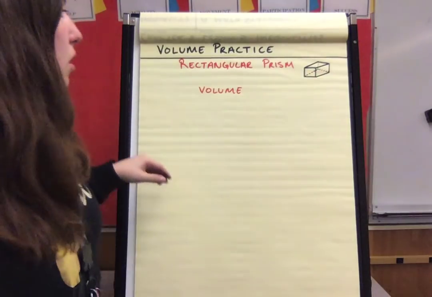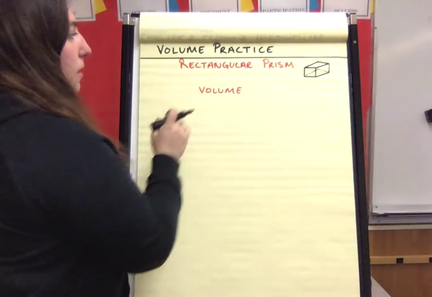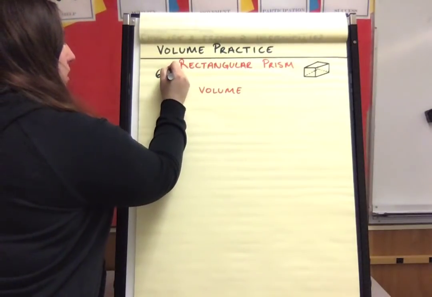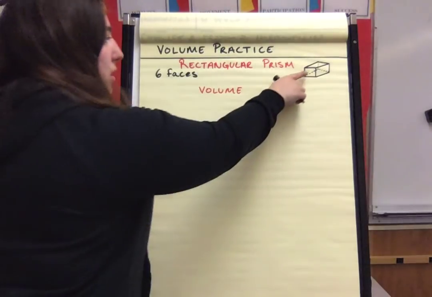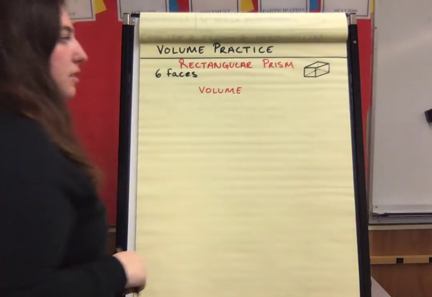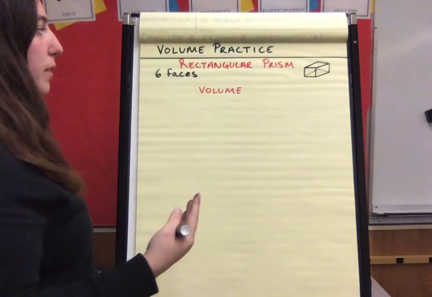Okay, so real quick, let's write a definition. So a rectangular prism has 6 faces, and the faces, again, they're just the outsides, the sides. How many sides does it have? So it should have 6 faces, all of which are rectangles.